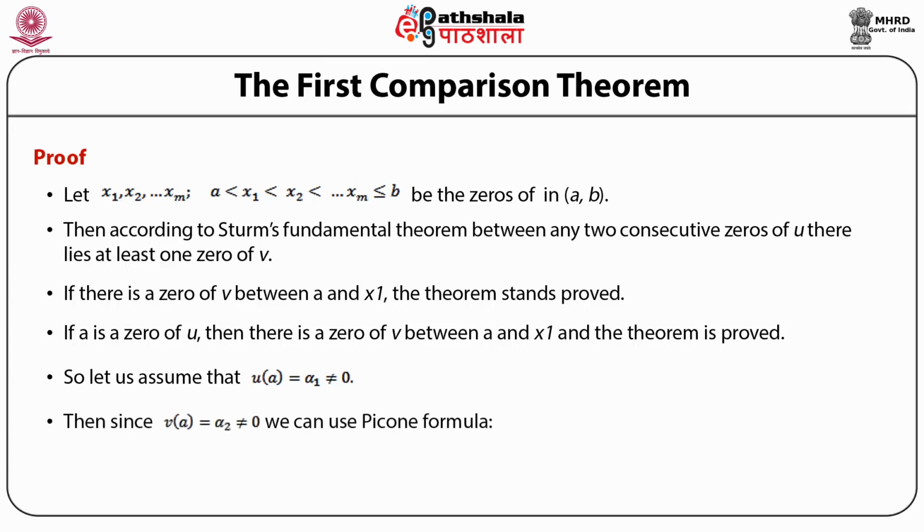Then, since v of a is equal to alpha 2 is not equal to 0, we can use Picone formula.